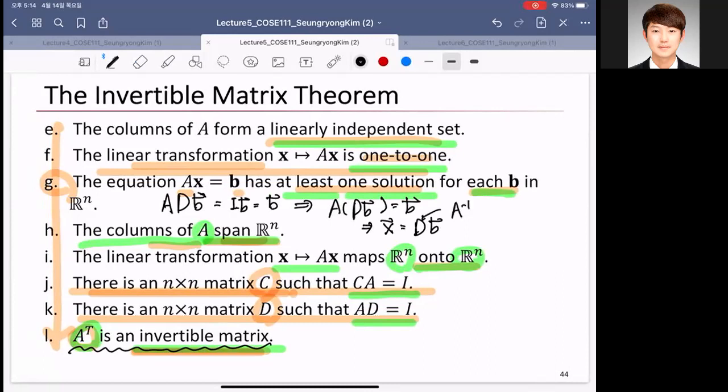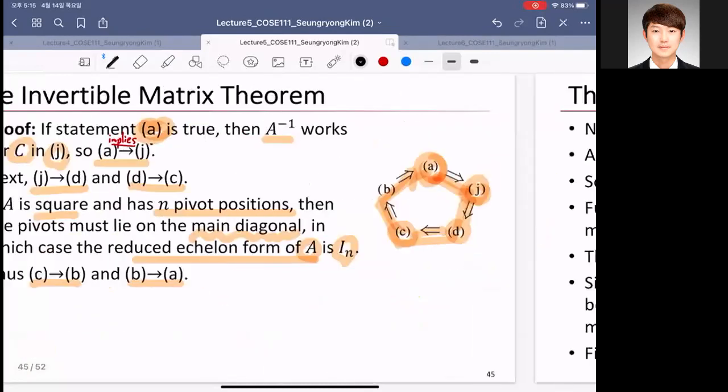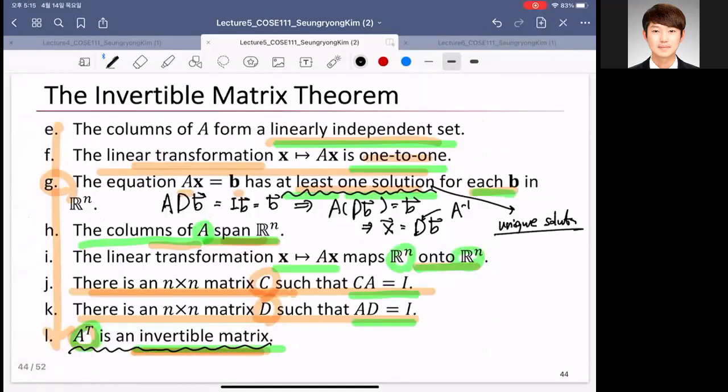So this statement is true, at least one solution. In fact, the exact statement is that there exists a unique solution, by definition, right? So K implies G. And what else? G implies A, right? So in this case, A is invertible.